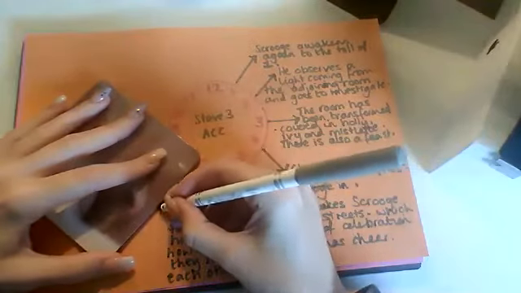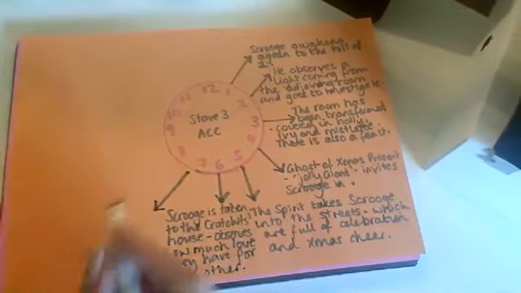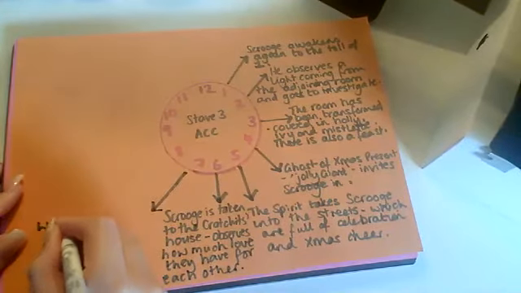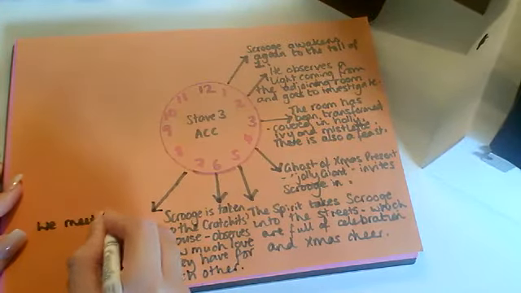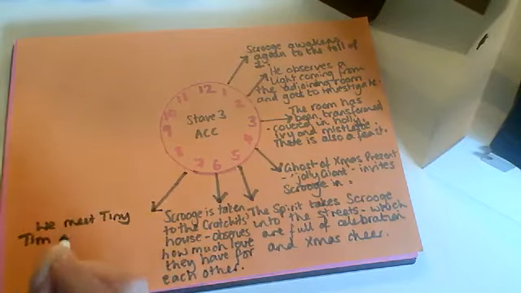Okay, point number 7, so again linking in, because Cratchit is quite a key point of this stave. Okay, we meet Tiny Tim. So Tiny Tim is Mr. and Mrs. Cratchit's youngest son.